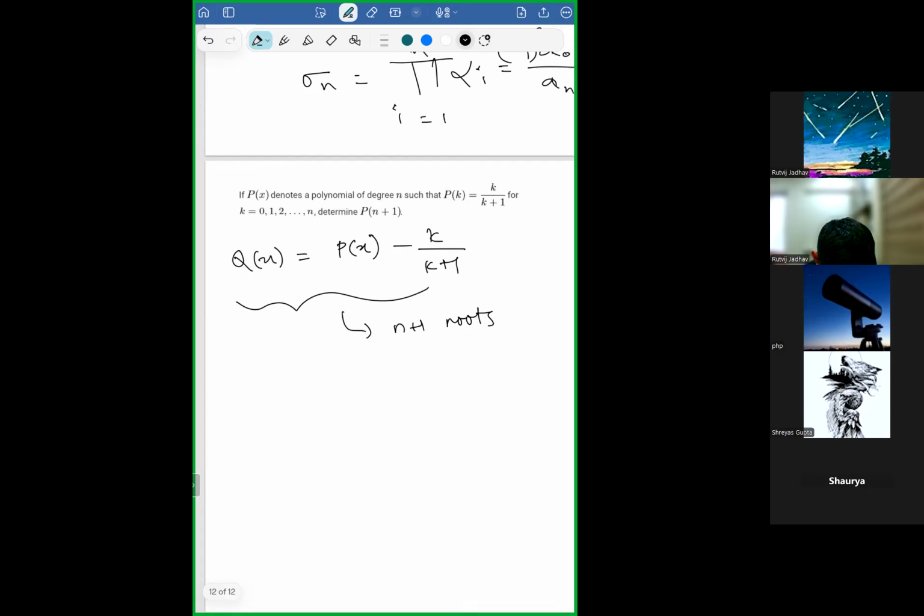Oh, wait, just a minute. It need not have n plus one roots. It won't have n plus one roots because the degree is still n, right? The degree of p is n. So it is zero for k equal 0 to n. Is it? Just a minute.